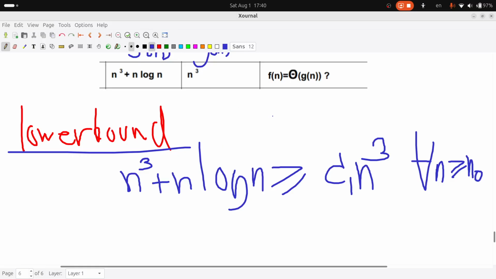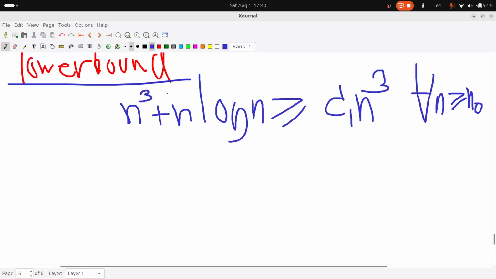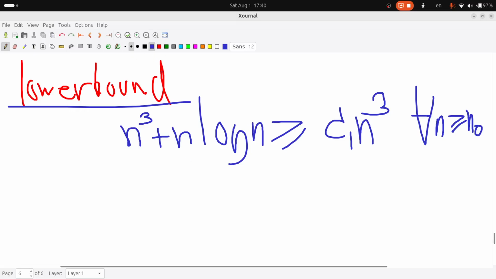And how can we prove it? It is much easier because, as with theta notation, we can cancel and transform this to the form of n to the power of 3, because this side has n to the power of 3 and the right side also has n to the power of 3.